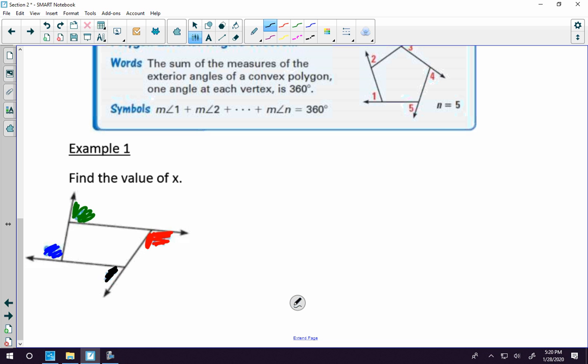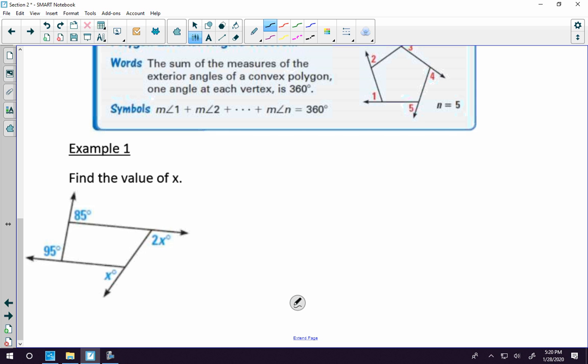And here's the fourth exterior angle. And if I took that green angle, the blue angle, the black angle, and the red angle and put them together, they would make a perfectly united circle, if you will. And one rotation of a circle is 360 degrees. So we know that the sum of the exterior angles of any convex polygon will be 360 degrees.